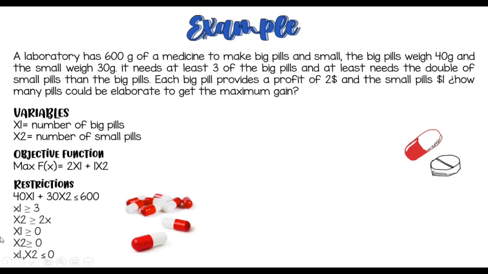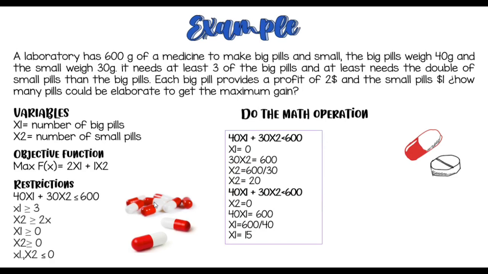This restriction is 40x1 plus 30x2 less than or equal to 600, and due to the math operation you only put the number where it corresponds, and you only need to make an equation.